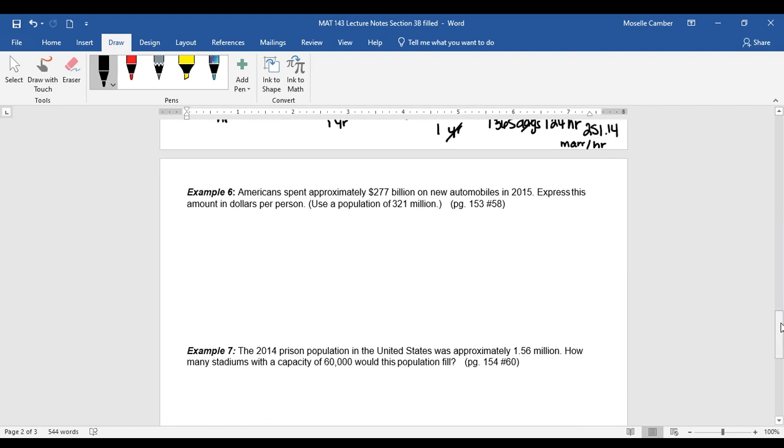Okay, example 6. Americans spent approximately 277 billion dollars on new automobiles in 2015. We're going to express this amount in dollars per person using a population of 321 million people. So what we want here is the amount in dollars per person.